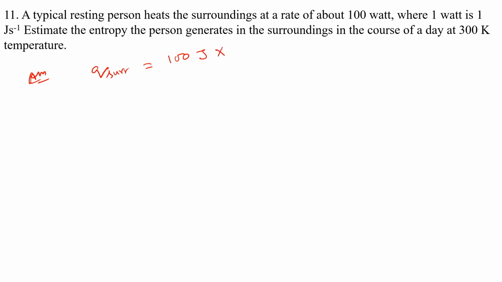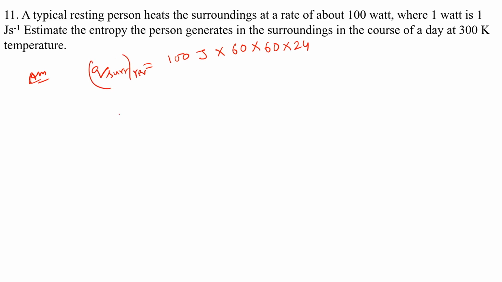And then we multiply with 60, means per minute, 60 per hour, and then 24 hours, because one day is like this. So, this is Q surroundings, and if the process is reversible, you can write Q reversible.